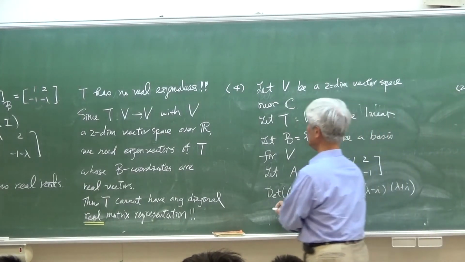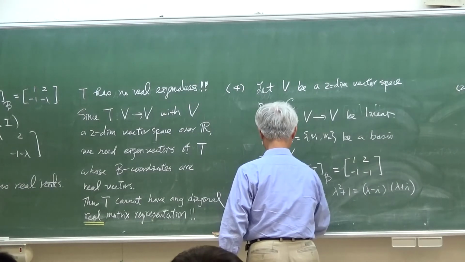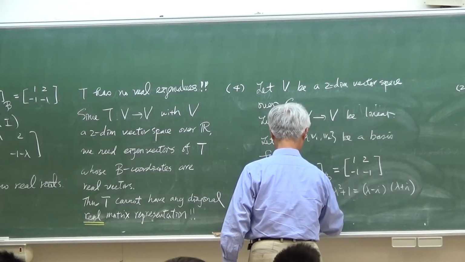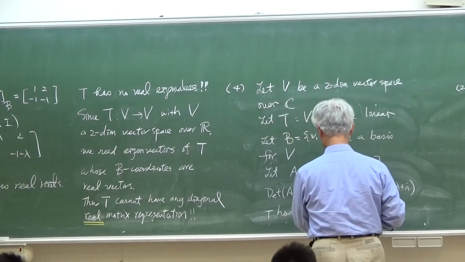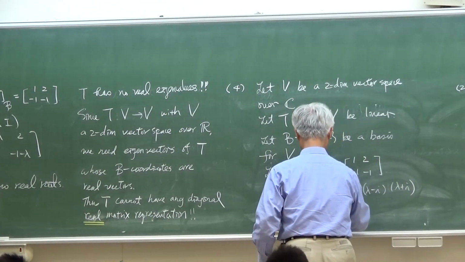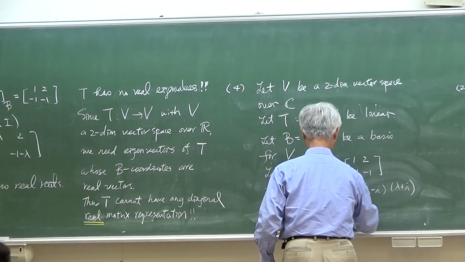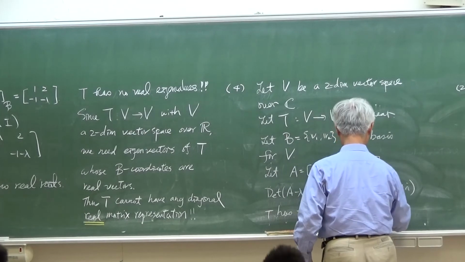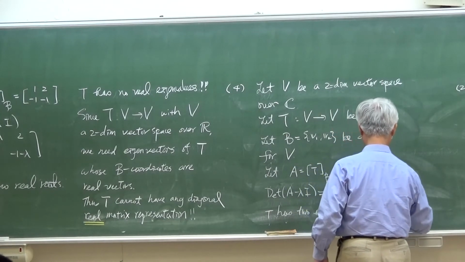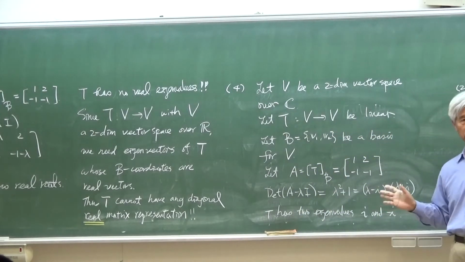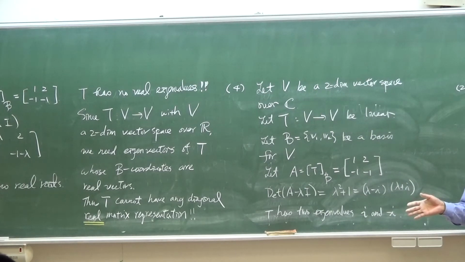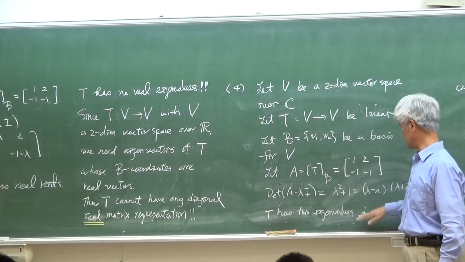So now T has two eigenvalues, i and minus i.